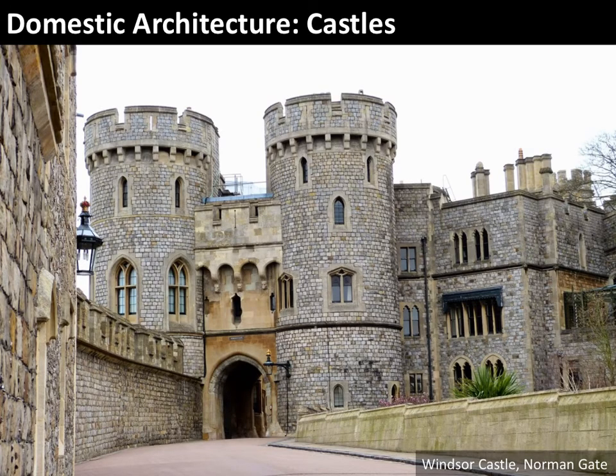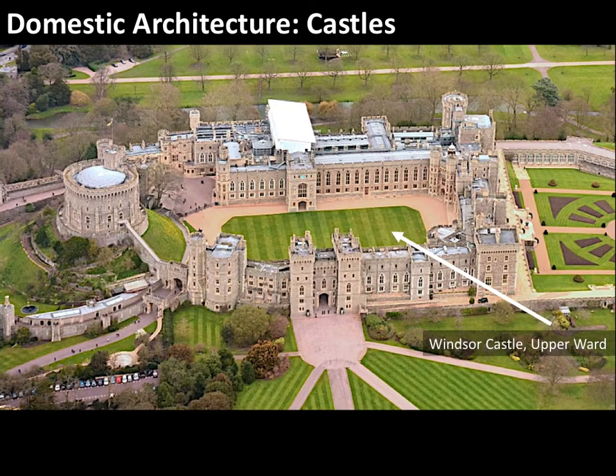Here is another gatehouse into that same castle. This one is actually Gothic, and you see how you have those two towers either side from which you could actually shoot down into this very narrow walkway that you force the visitors to come through. What's going on at the other end in the upper ward?